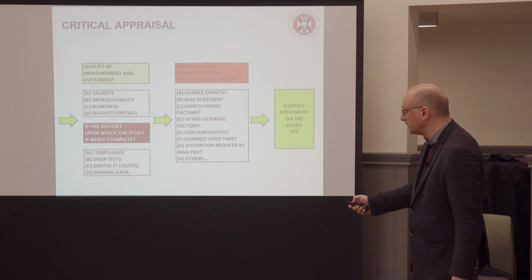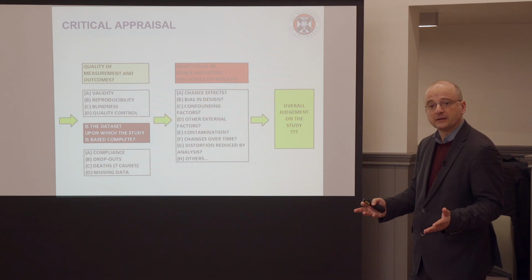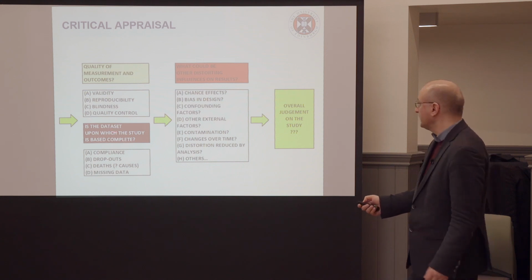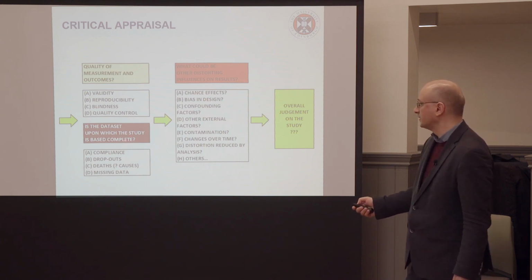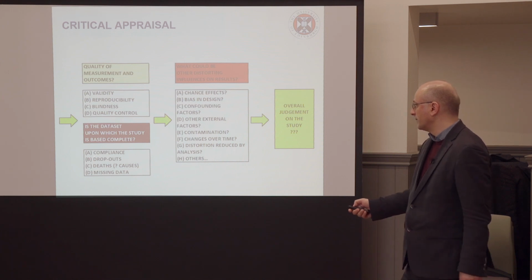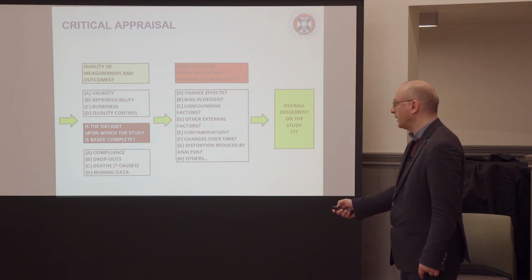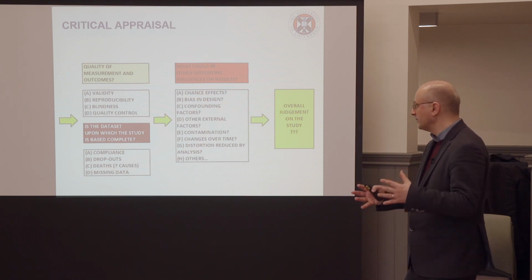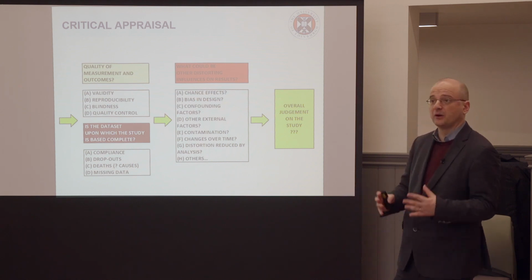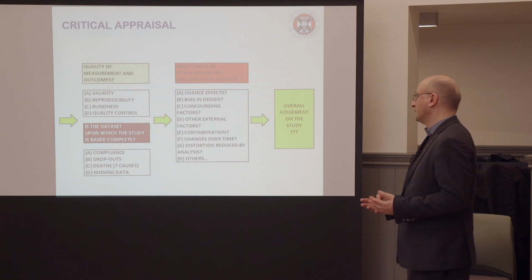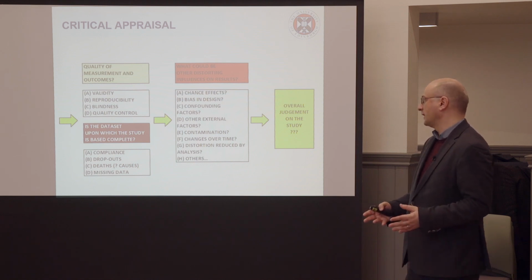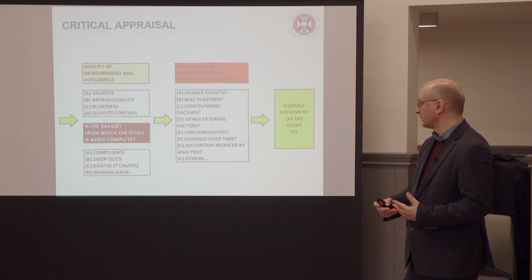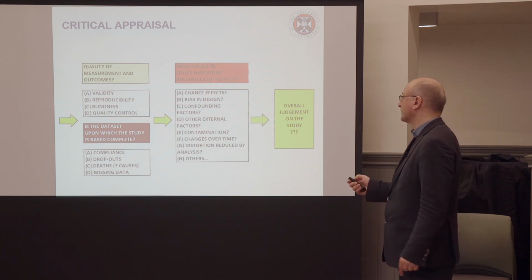Is the data set upon which the study is based complete? What about compliance, dropouts, deaths from other causes, or any missing data? Because this incompleteness of the information, which is almost always present in every research, usually affects the results and the conclusion.